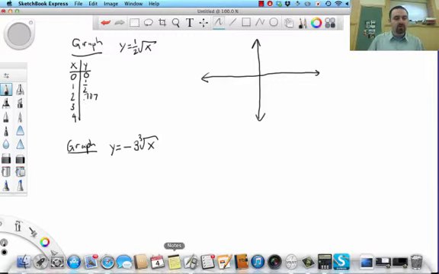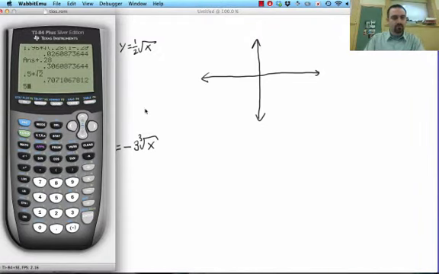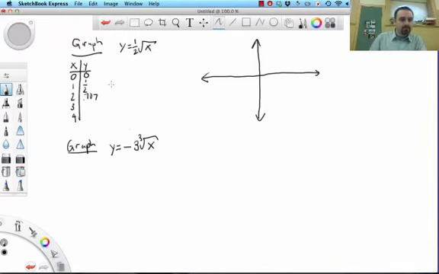Now 1/2 times the square root of 3. We get 0.866. And we know the square root of 4 is 2, and 1/2 of that is going to be 1.